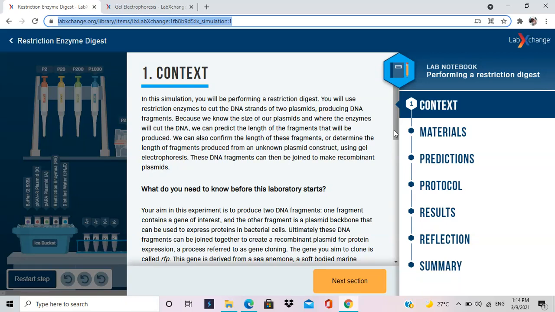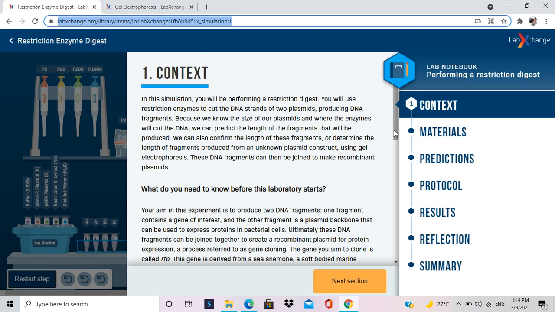The theory of restriction enzyme digestion is that restriction enzymes are enzymes isolated from bacteria that recognize specific sequences in DNA and then cut the DNA to produce fragments, called restriction fragments. Restriction enzymes play a very important role in the construction of recombinant DNA molecules, as is done in gene cloning experiments.